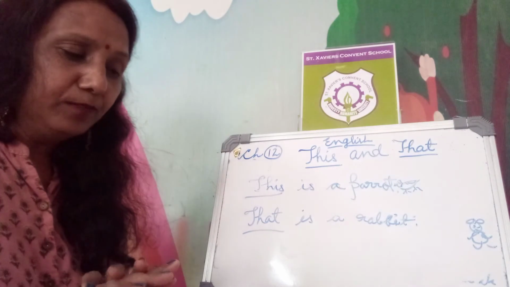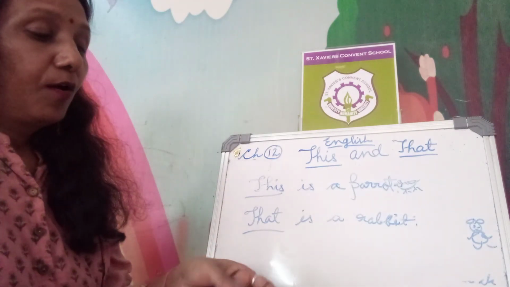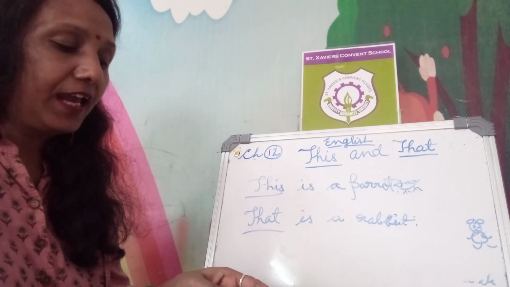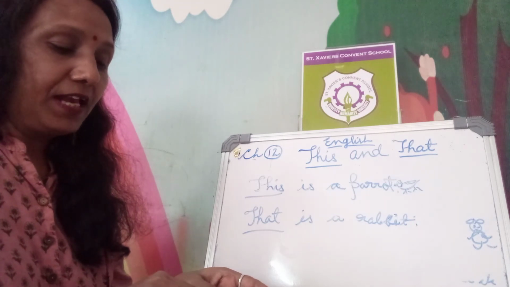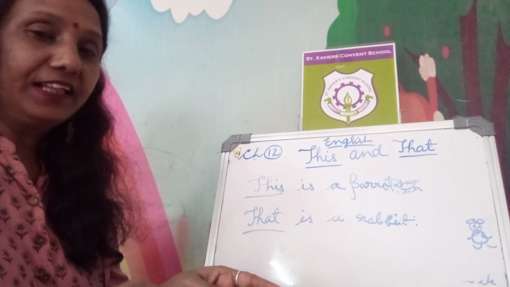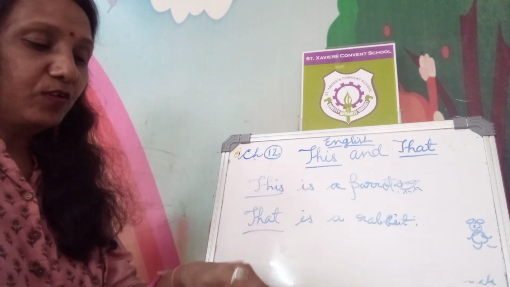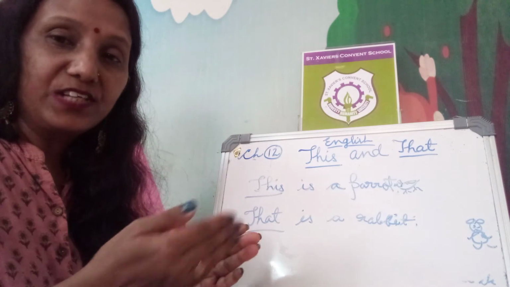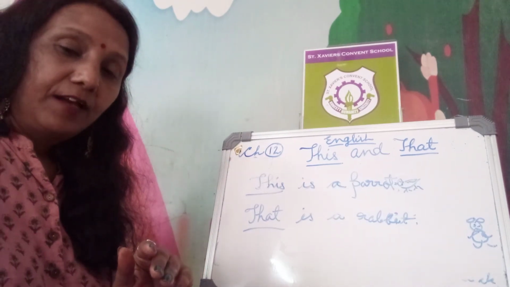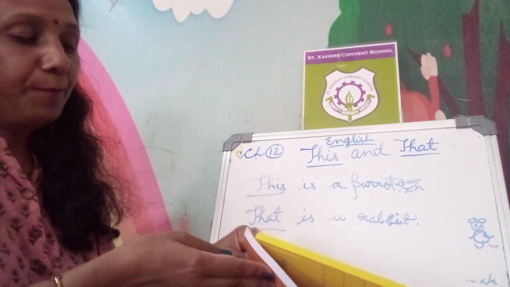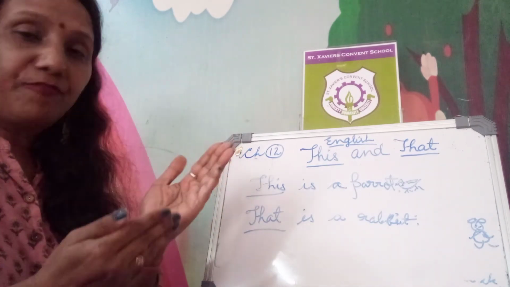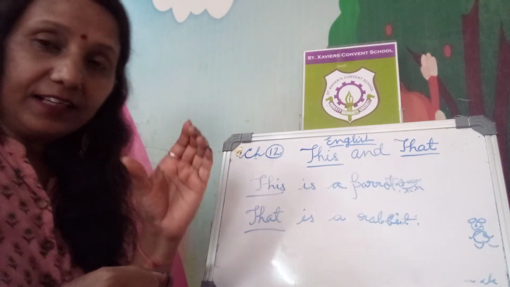Try to, okay? Now, make flashcards of this and that and play a game. Who can make this and that first by shuffling them? I would like to tell you, you can make some flashcards. You can take waste paper and paste it on a piece of cardboard.